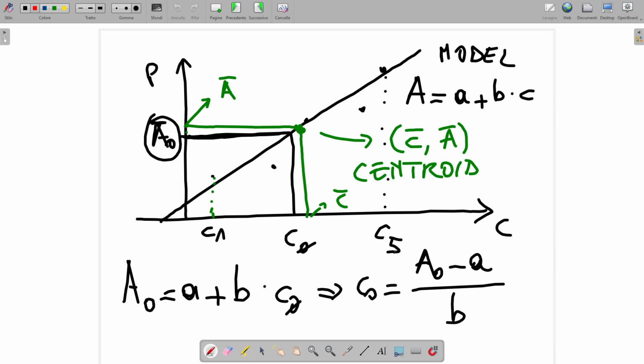So it is no more readable. I mean, the instrument has a minimum value of area that can be detected. It is called limit of detection. The minimum area readable on the instrument is called the limit of detection for the area.